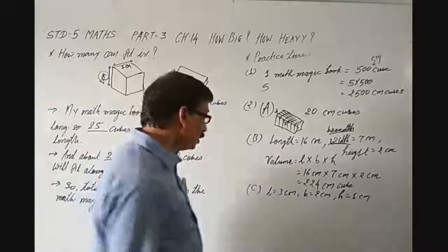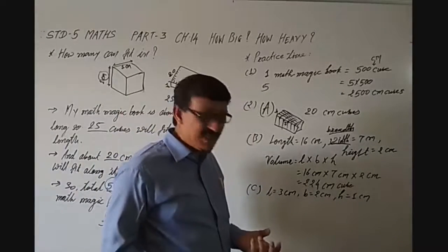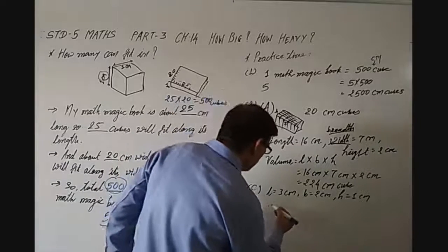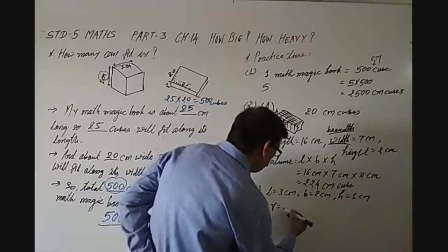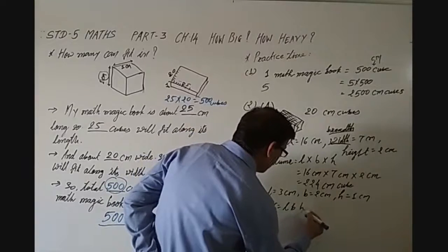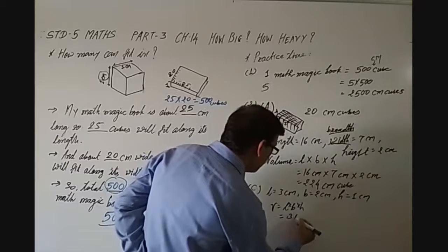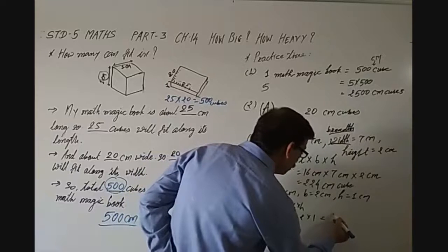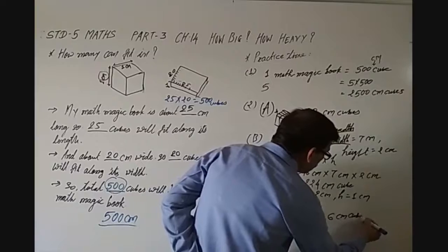The volume of the eraser, V, is equal to LBH, which is 3 multiplied by 2 multiplied by 1, equal to 6 centimeter cubes.